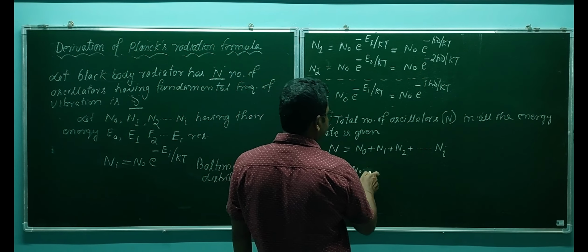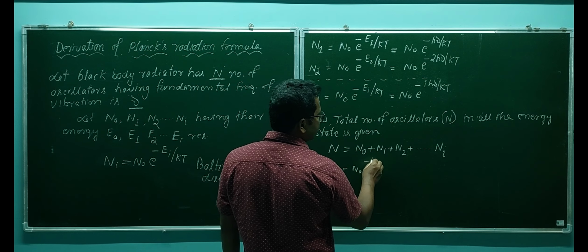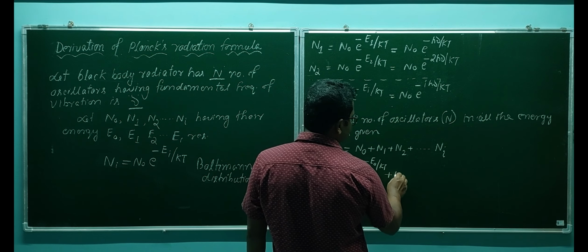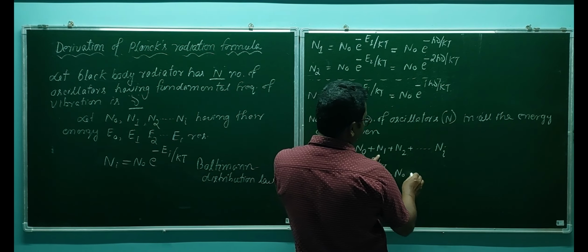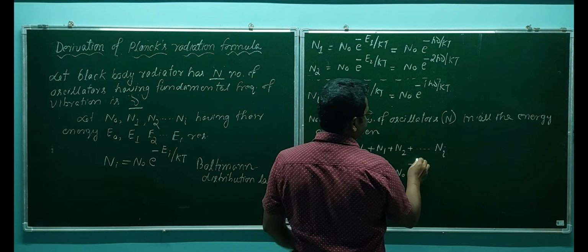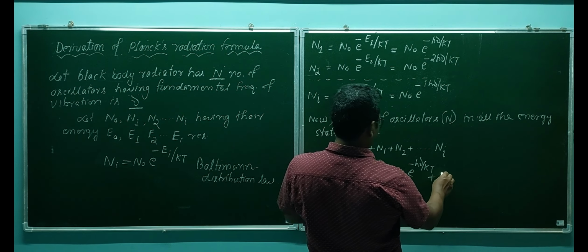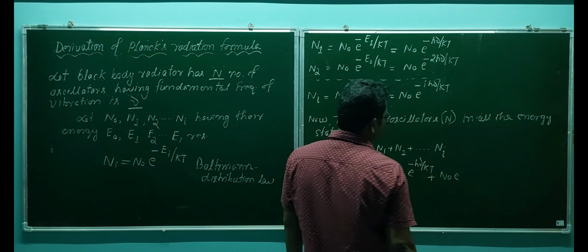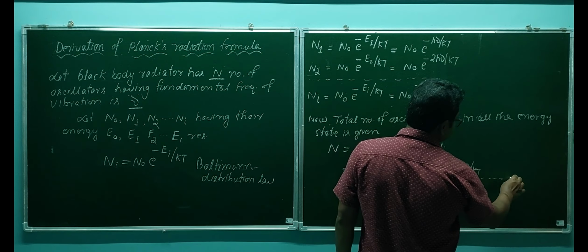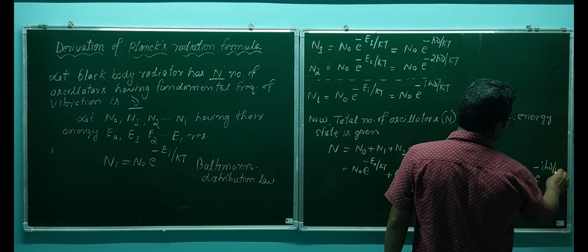So we can write N0 e to the power minus E0 by kT plus N0 e to the power minus h nu by kT plus N0 e to the power minus twice h nu by kT plus and so on.